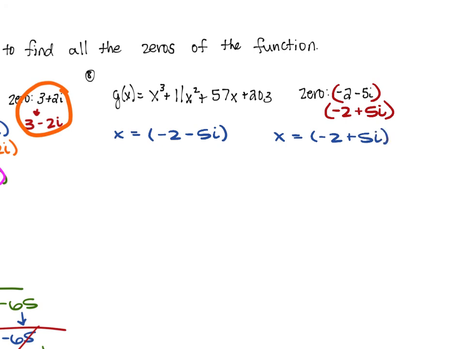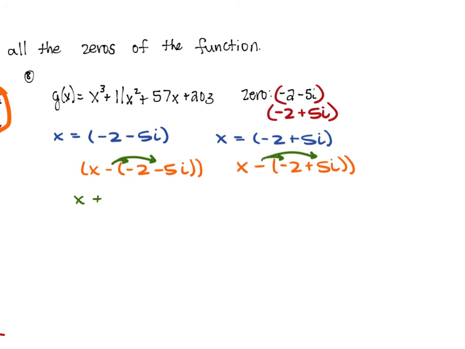We're going to move these both over by subtracting them from each side. So this is going to give us x minus a negative 2 minus 5i and x minus a negative 2 plus 5i. We're going to distribute the negative. So we have x plus 2 plus 5i and x plus 2 minus 5i.